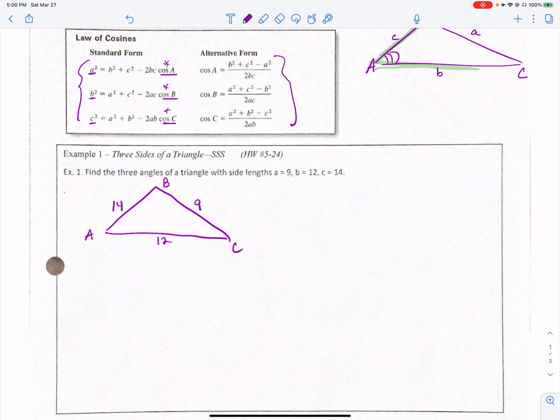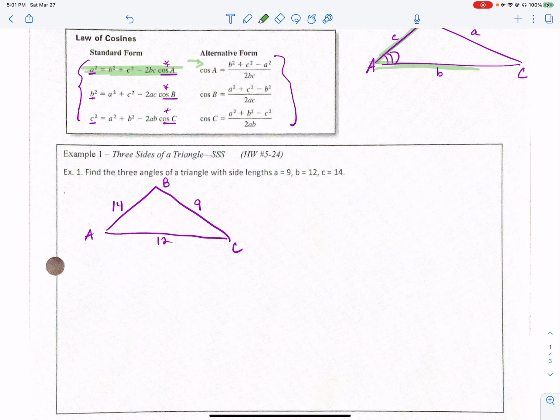And so we can choose really any of the forms up above that we want to. I am going to just go ahead and use this first one and show how, as I solve for cosine of A, it gets into this alternate form.